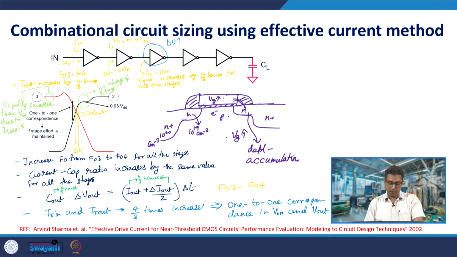If we observe the cross sectional diagram of an N MOSFET, the substrate and channel are P type, and the LDD is N type. When the gate voltage is 0, the channel is depleted.